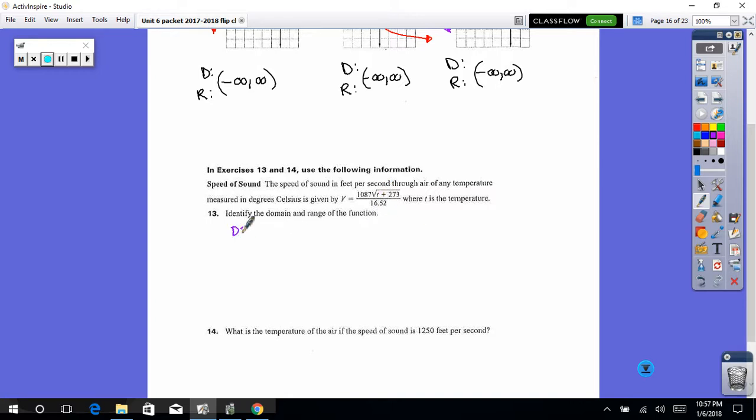Okay, if T is replacing our X, our temperature could technically be anything, correct? You can have negative temperature. So you could have a temperature of negative infinity to positive infinity.